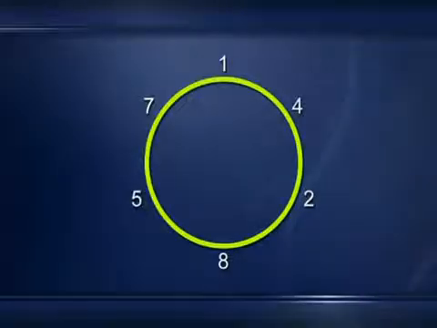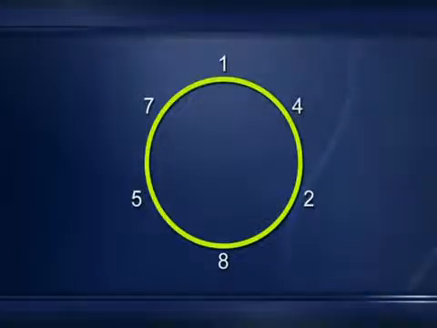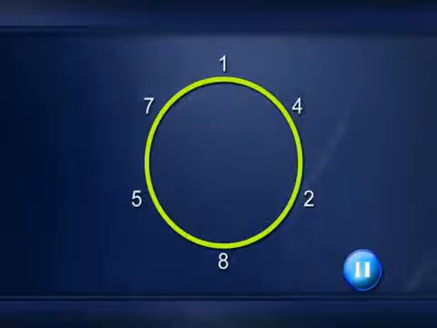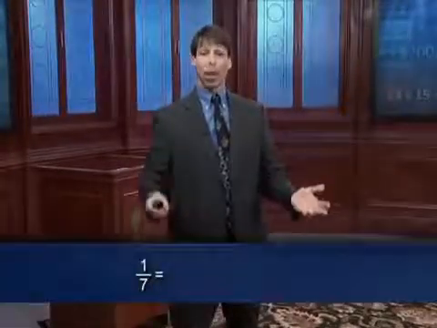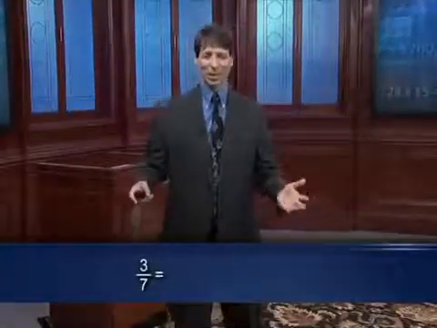Take a minute to study this circle. It'll be well worth it. Memorize this, and then I'll ask you a couple of questions. Most importantly, what's the decimal expansion for 1/7? It's 0.142857. No, don't look at the circle either. How about 3/7? What's that going to be?